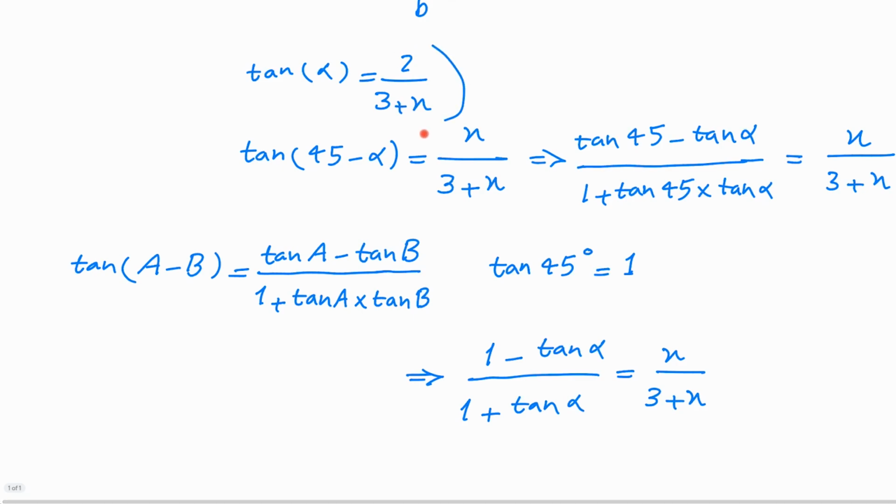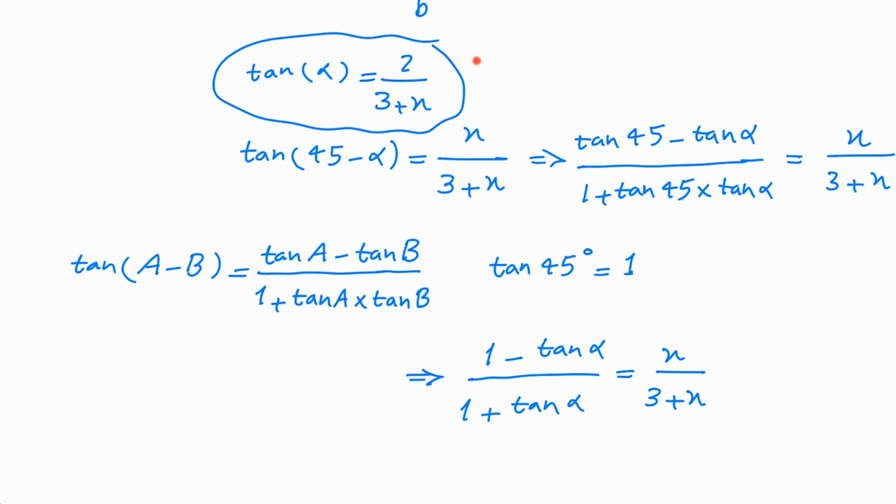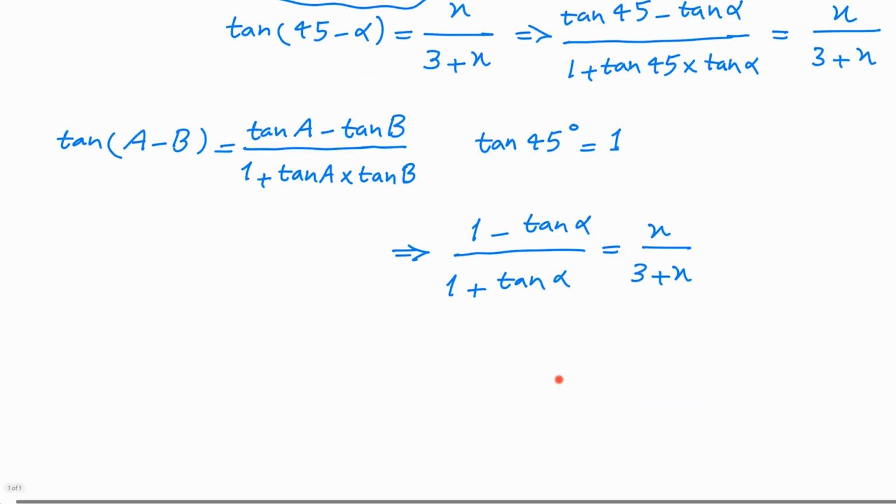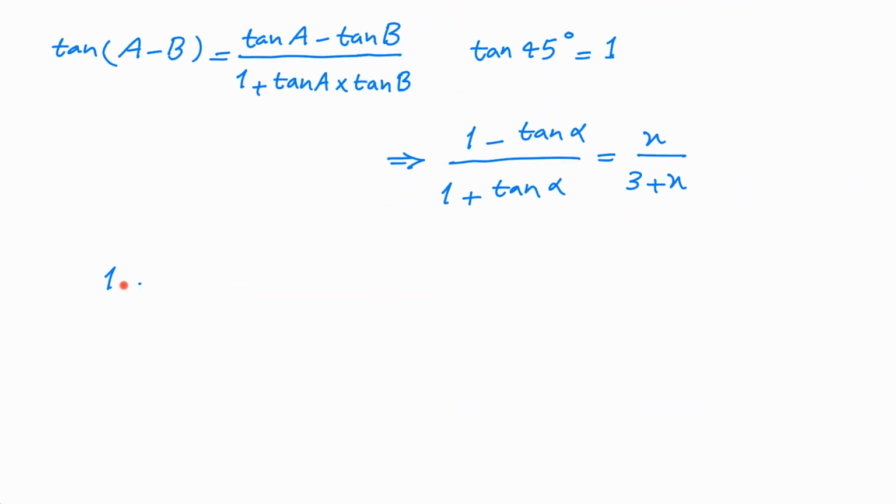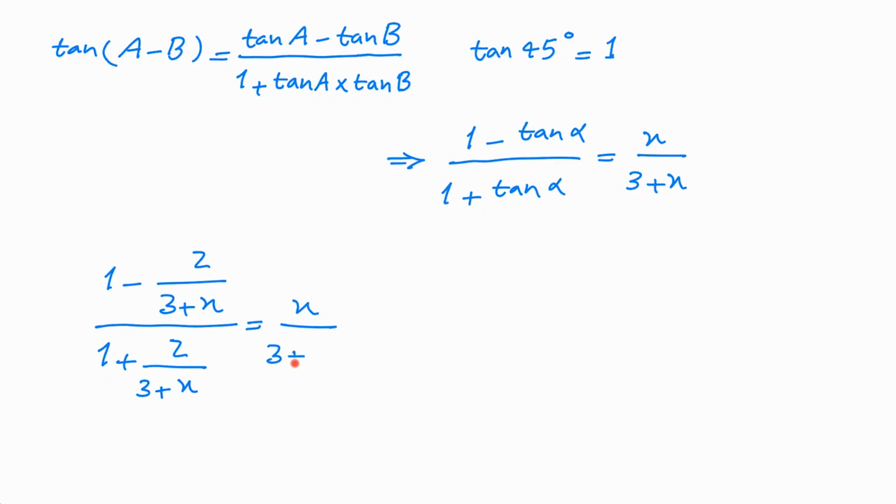Here we have tangent of alpha. We can substitute this value in this equation. So we can write 1 minus 2 divided by 3 plus x, and then divided by 1 plus 2 divided by 3 plus x should be equal to x divided by 3 plus x.